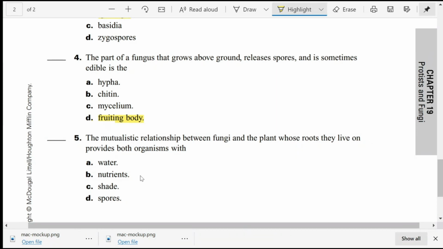Yes, I can hear you saying it is B, nutrients. Yes, because in this mutualistic relationship they are sharing the nutrients. So now we have finished the illustration of the lesson, and we even solved questions about it.